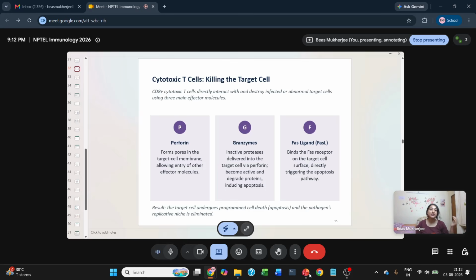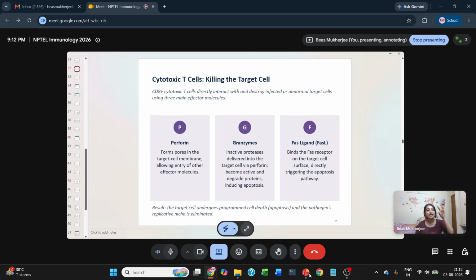Okay, as soon as it is entering into that cell through the pores created by this perforin, it is becoming active, and now it degrades all the protein and induces apoptosis. Then another machinery is Fas ligand and Fas receptor mediated activity.